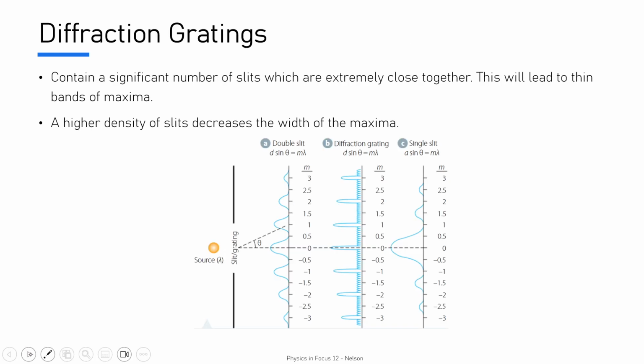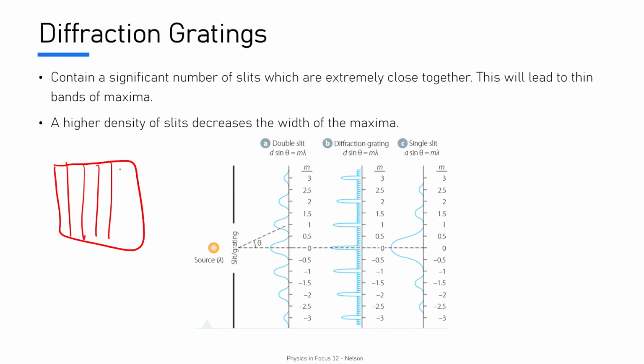We can also work with diffraction gratings, and these are essentially a series of slits that are really close to each other and stacked on top of each other, and there's just opening after opening after opening. It would look a little something like this, right? So they all have different densities. They're marked on the slide themselves, but yeah, there's a bunch of different slits that the light can pass through.